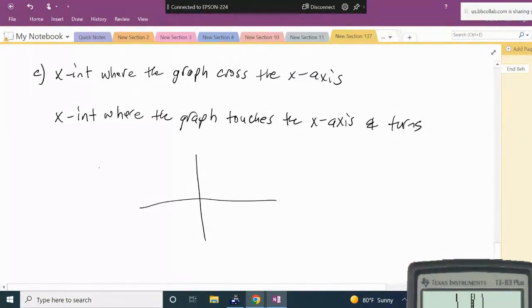Right. So this is just an example of touch and turn. Let's just say we have this. All right, so this point would be an X-intercept, and it would cross.